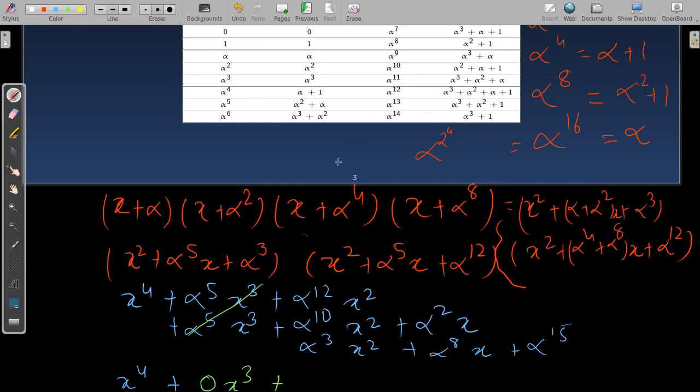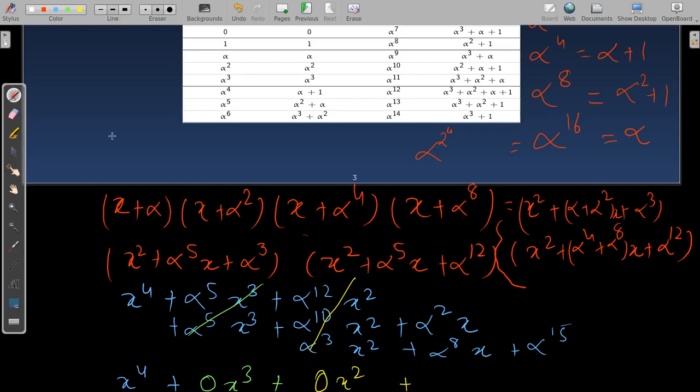And α¹⁰ is actually equal to α² + α + 1. So when we add α¹² and α¹⁰, I will have only α³, and then I am adding that with α³, so this is also going to cancel, and we will again have 0 x², isn't it?